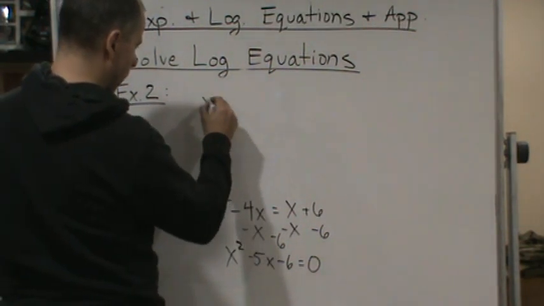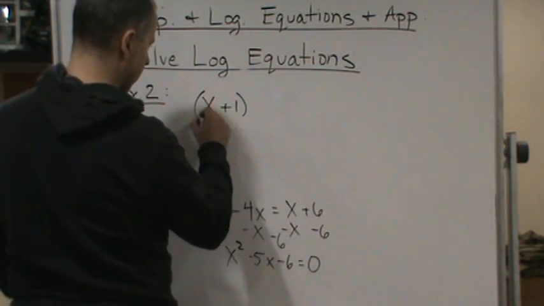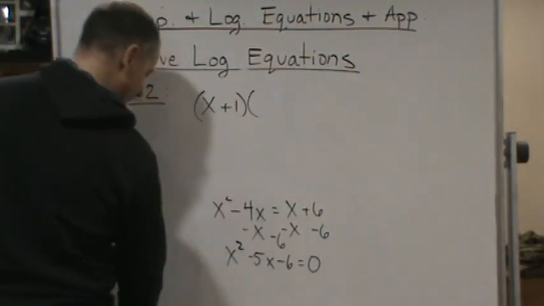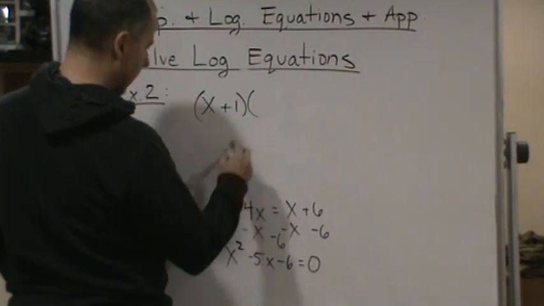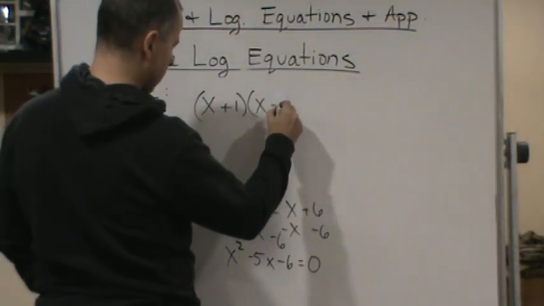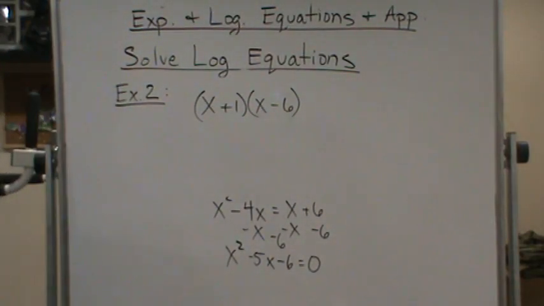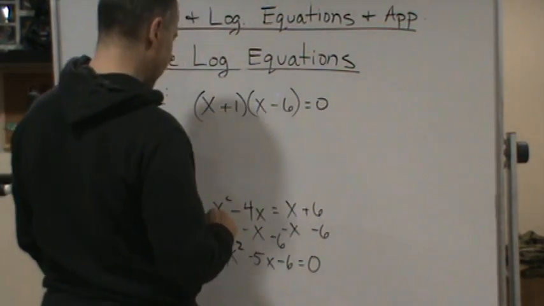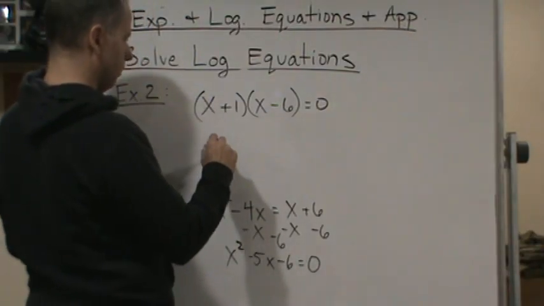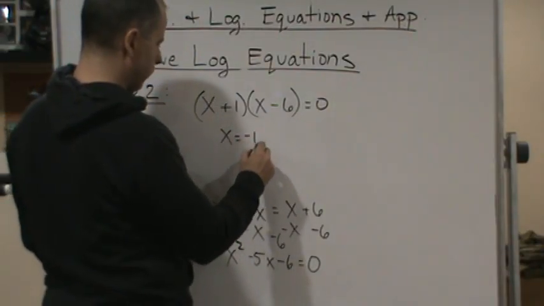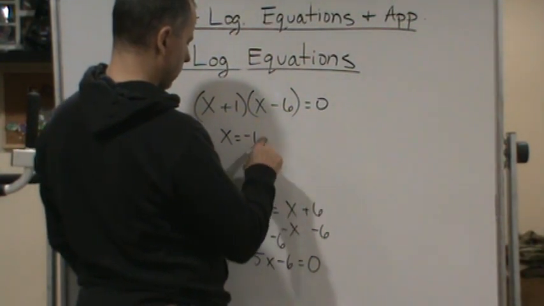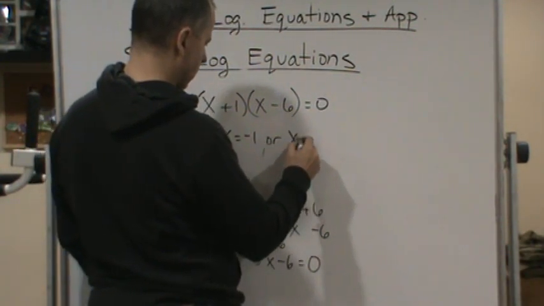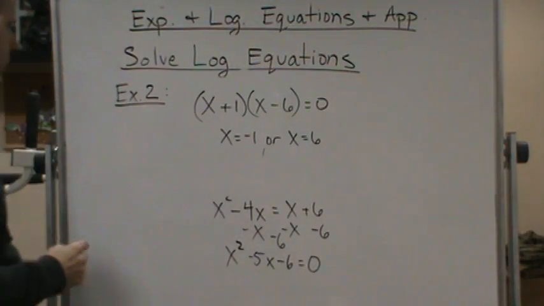So I'm going to write this as x plus 1 and x minus 6 is equal to 0. And of course, that means x equals negative 1 or x has to equal 6.